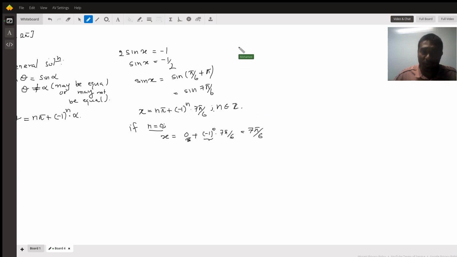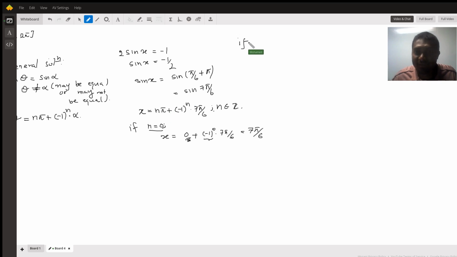Let's say n equal to 1 would not be a good candidate, because it makes the answer flip into the negative direction. So we can set n equal to, maybe, how about 2? No, 2 will make the value much greater than 2 pi.